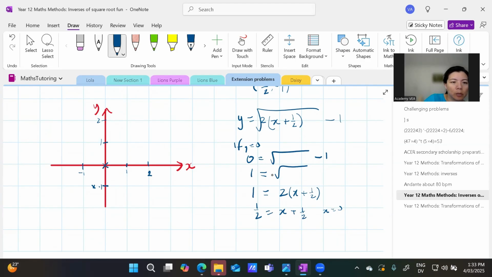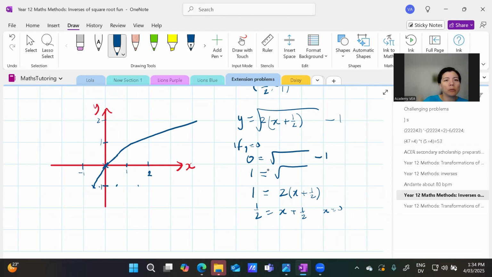So the shape is going to be from here to here, and it's going to look something like that. Now, knowing what I know about the scale, it's going to actually hit at this point here. All right. How is that relevant?